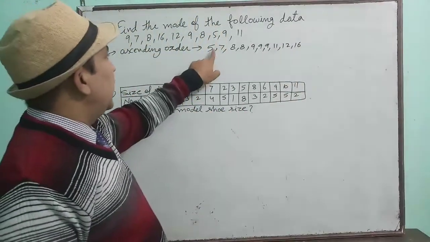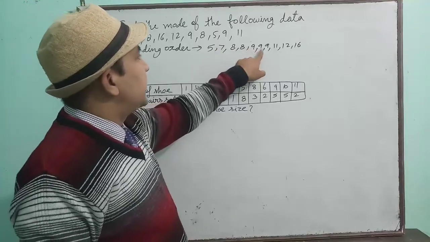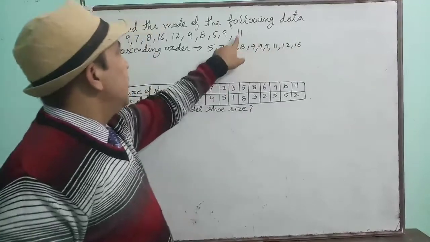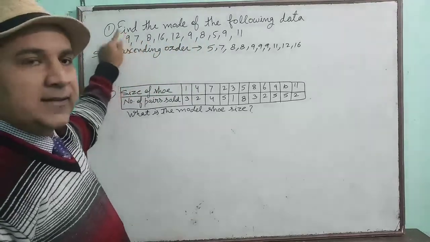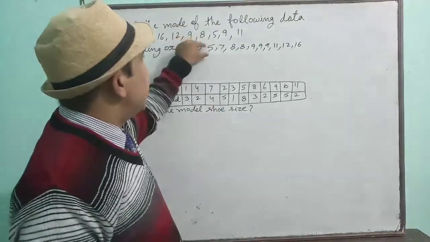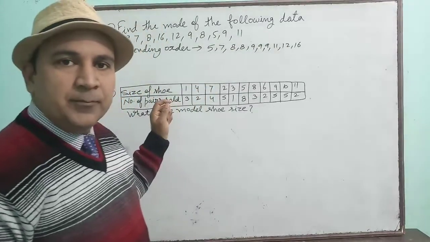See here, 1, 2, 3, 4, 5, 6, 7, 8, 9, 10. That means all these numbers have been arranged in ascending order.